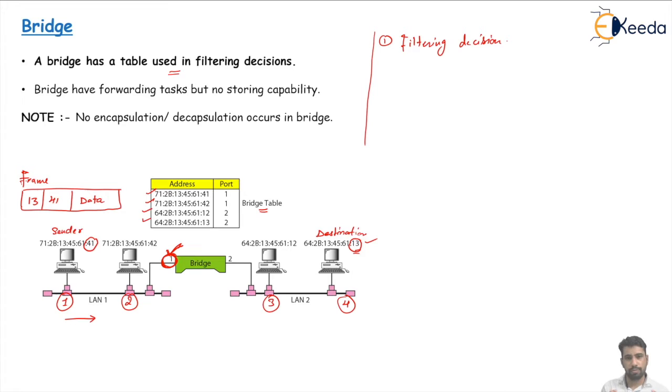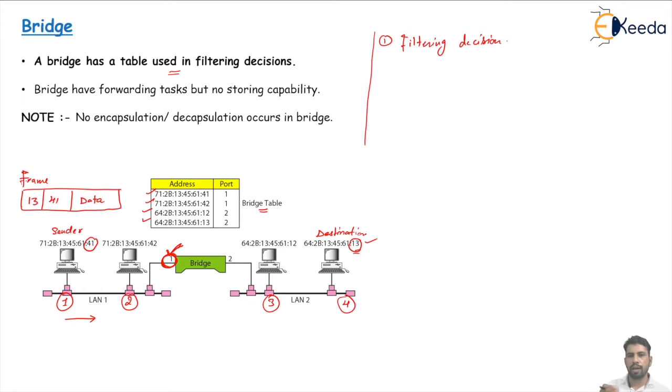This is a very small table, but actually in LANs a bridge has a long table, a number of entries like 500 entries or 1000 entries. So for that we have some algorithms like bridge learning. Some are static, meaning we sometimes manually make these tables for the bridge.